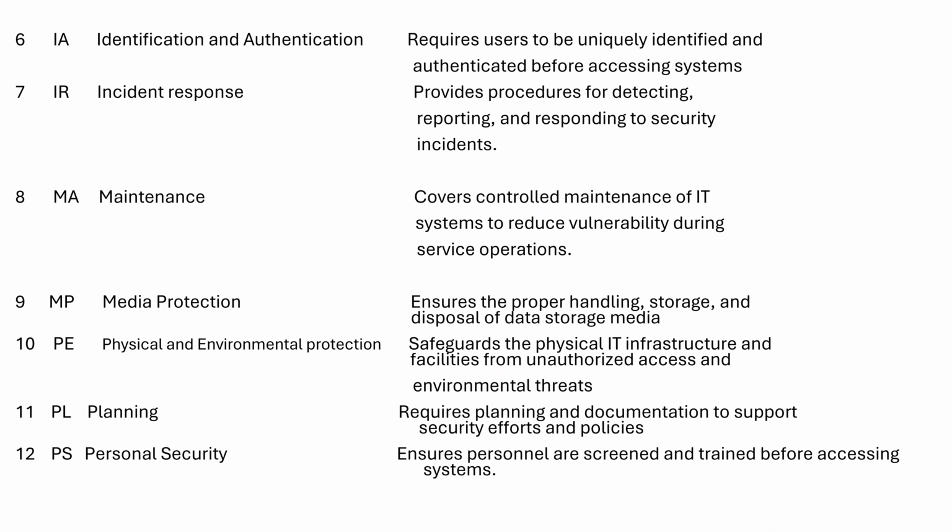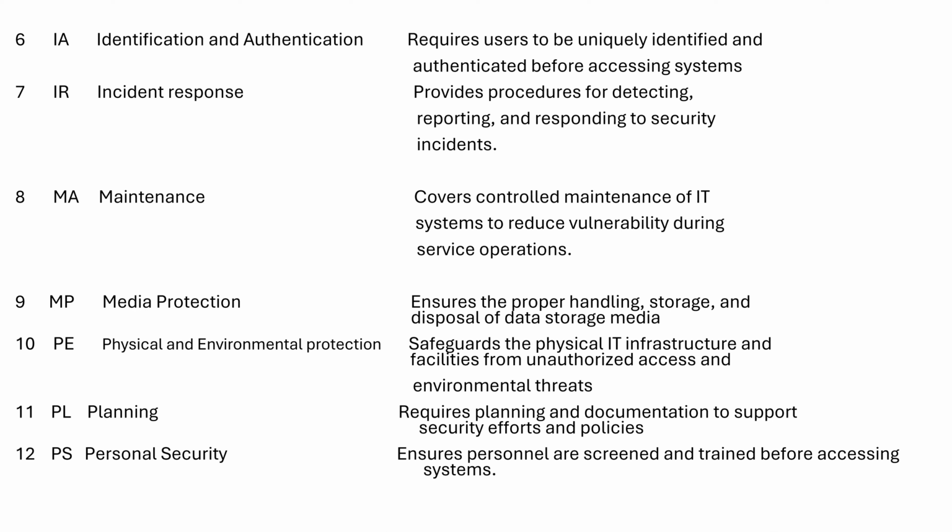Next is IA, identification and authentication. This is a sub part of access control, requiring a user to be uniquely identified and authenticated before accessing systems. IR is incident response. It provides the procedures for detecting, reporting, and responding to security incidents. MA belongs to maintenance and covers controlled maintenance of IT systems to reduce vulnerabilities during service operations.